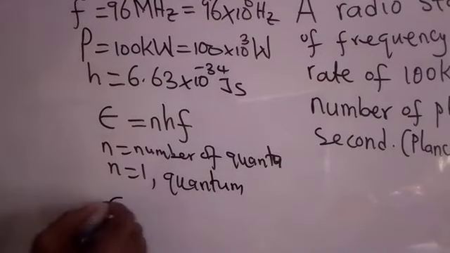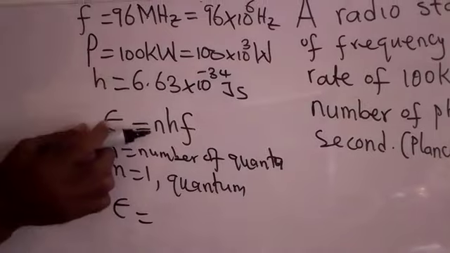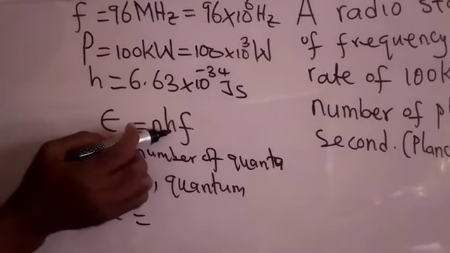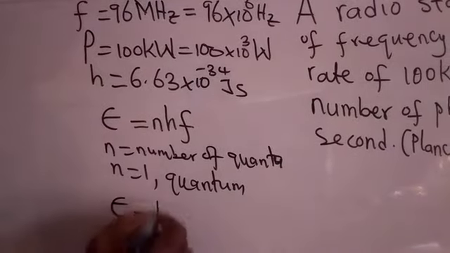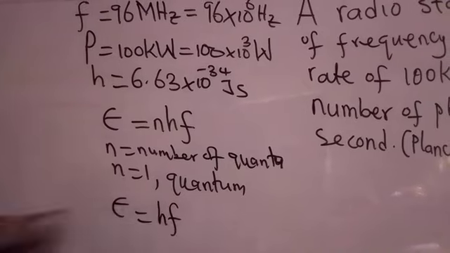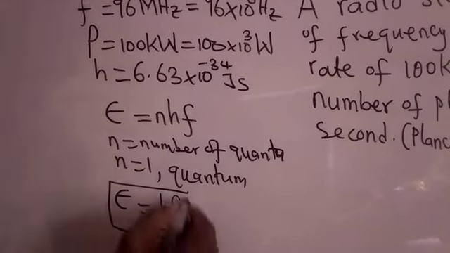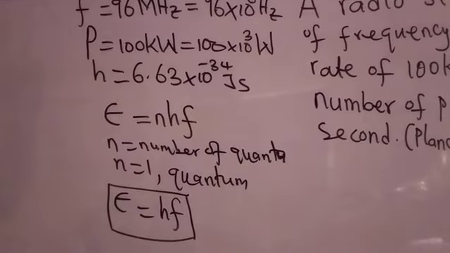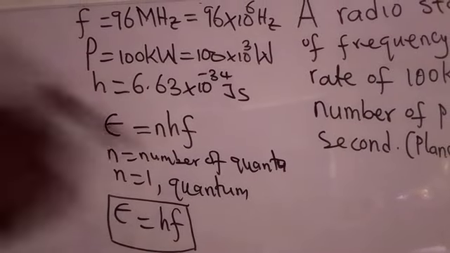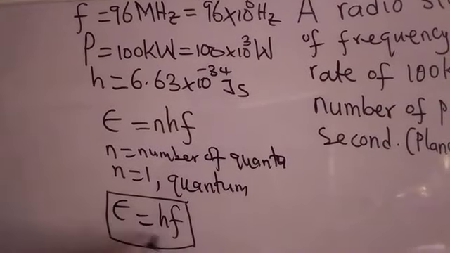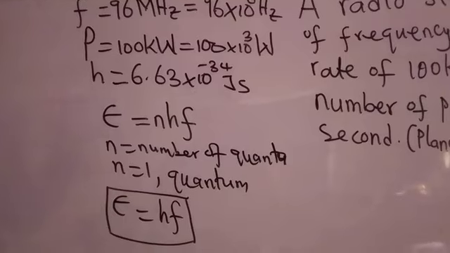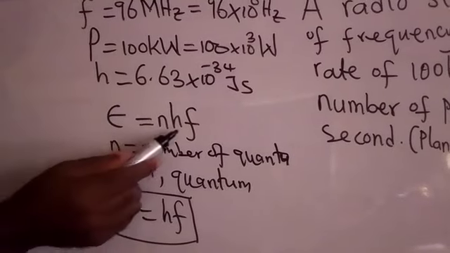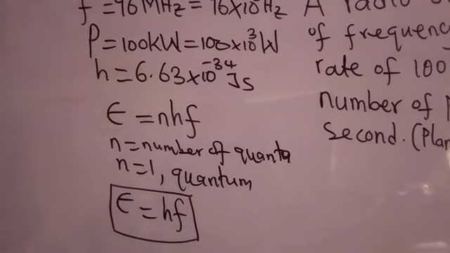So E, when n is 1, that means 1 times h times f, is hf. Here is the energy for one quantum. This is the energy for one quantum. Now if you have multiples of quanta, this is the formula to use.